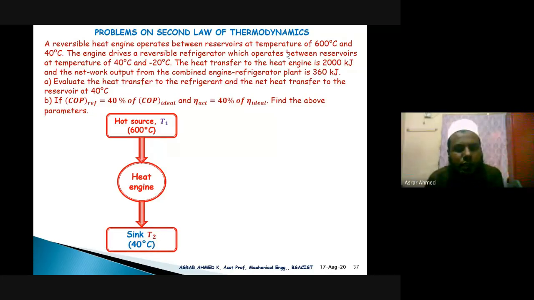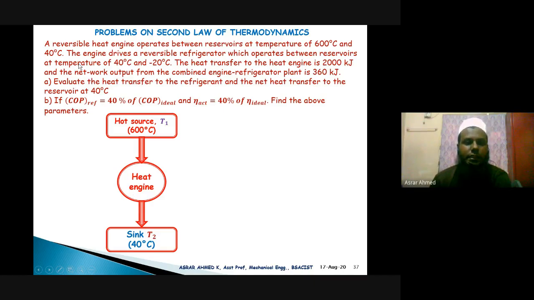So this is the setup for the first sentence, in which a reversible heat engine is operating between two temperatures. We have already discussed that the higher temperature will be named T1, and the lower temperature will always be named T2. Now the heat engine is receiving heat from the higher temperature. Now it will do some work here, and it rejects some heat to the sink or lower temperature. Sink is nothing but the lower temperature.